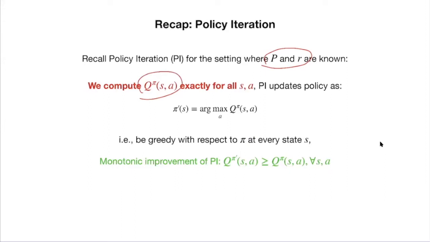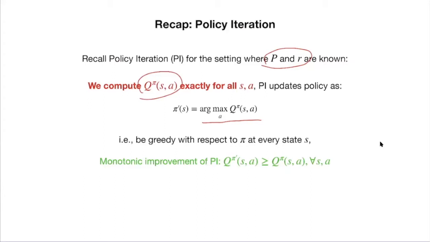And then once we have this Q pi, the naive thing that we could do is this one-step policy improvement, which is just to be greedy with respect to the current policy's Q value. And we proved that this operation gives us monotonic improvement. In other words, the new policy pi prime's Q value will never be smaller than the previous policy's Q value.